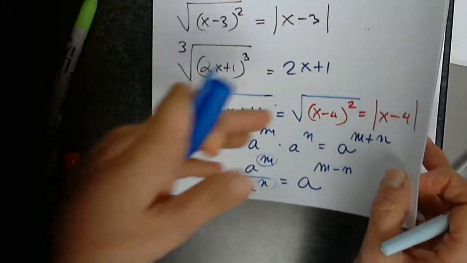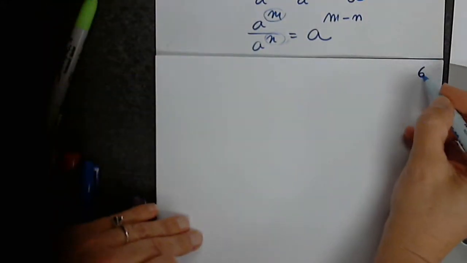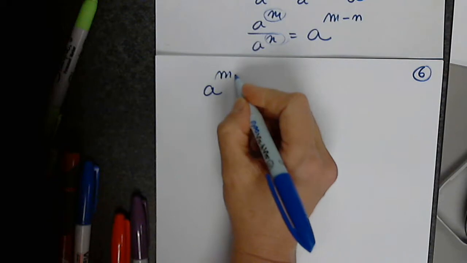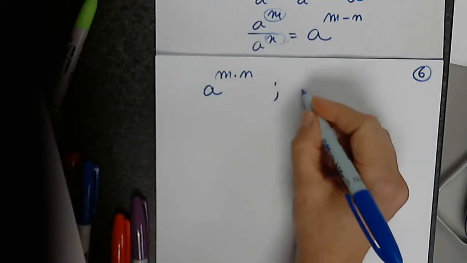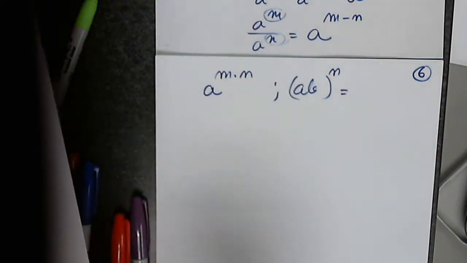We are reviewing these rules, but they can be applied to fractions. So it's the same rule. So copy the base, and we multiply. M multiplied by n.